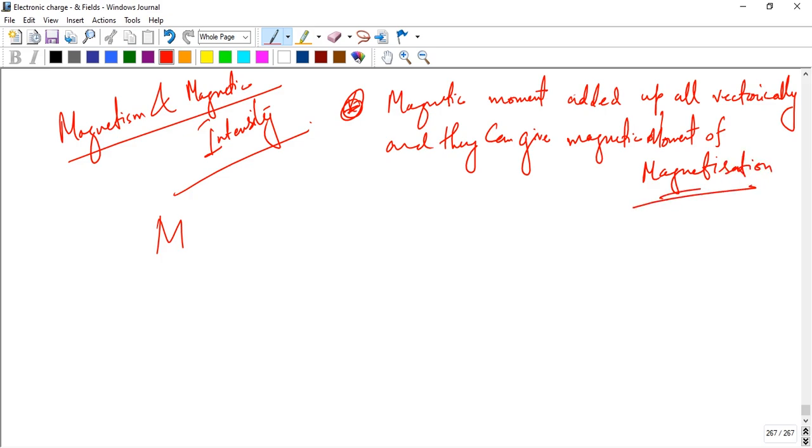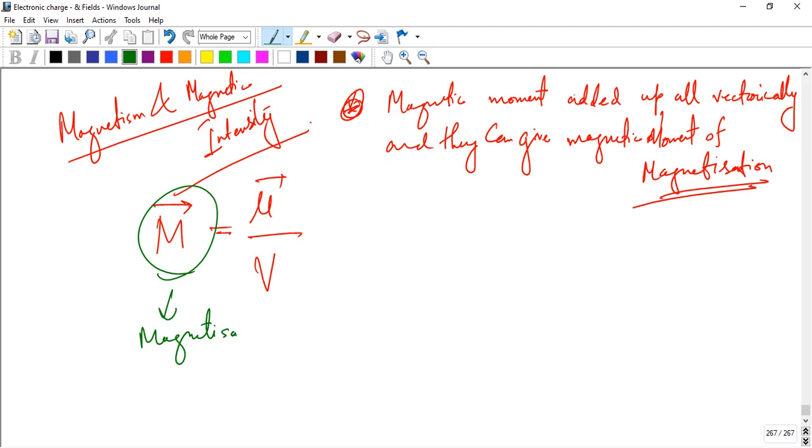The new term here, magnetization, is represented by capital M, and is equal to magnetic moment by volume. The magnetization of a sample is equal to magnetic moment per unit volume.